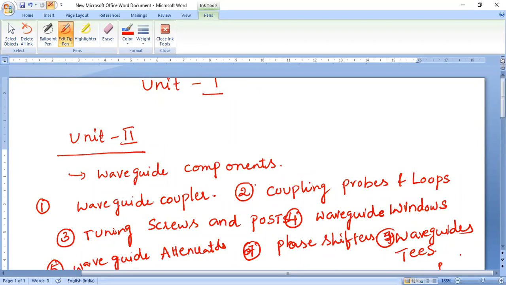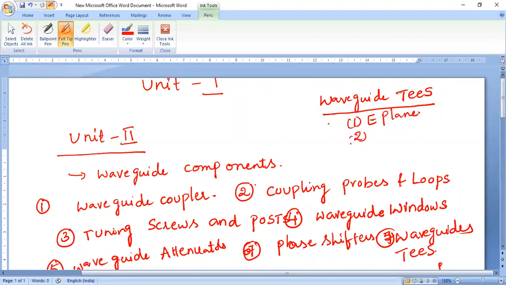Other things are also there. So what are the other things? I'll write here. Waveguide tees. In the waveguide tees, we have the E-plane tee, second one H-plane tee, third one magic tee.